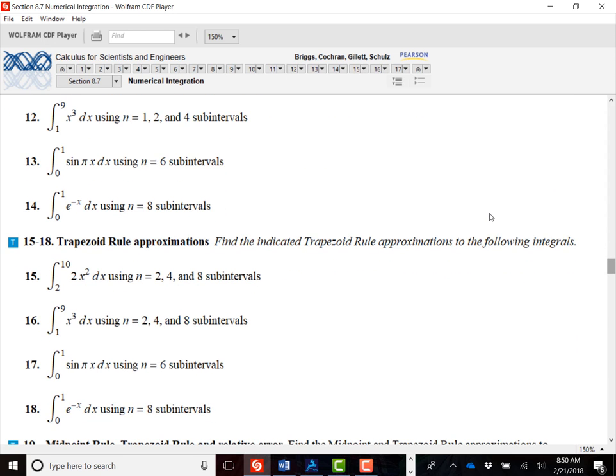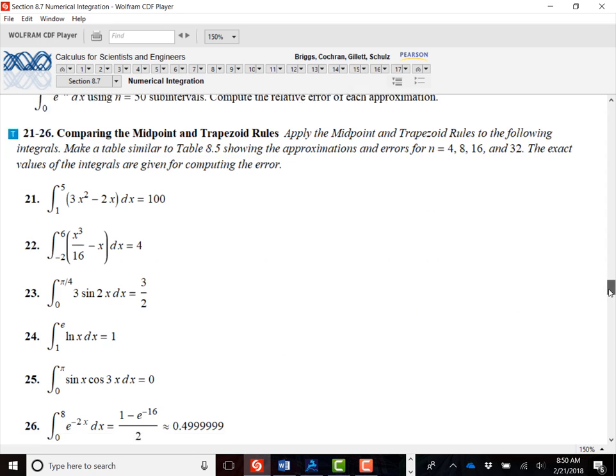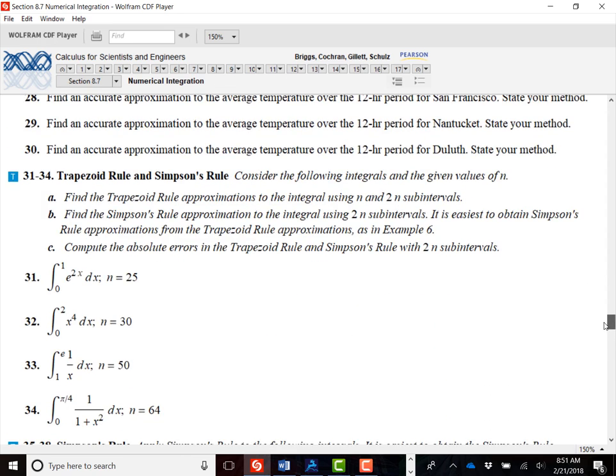Well, okay, 14 and 18 is kind of nice, right? It says, find the indicated trapezoid rule approximations to the following integrals. You're going to compare it to midpoint. But I really want to look at Simpson's. Where's Simpson's? Here we go. Trapezoid rule and Simpson's rule.